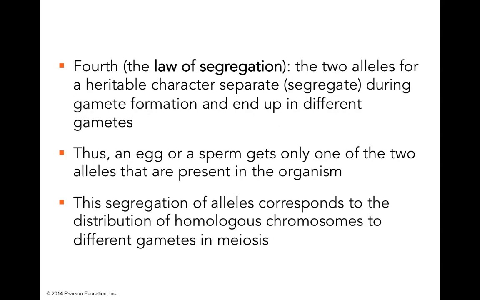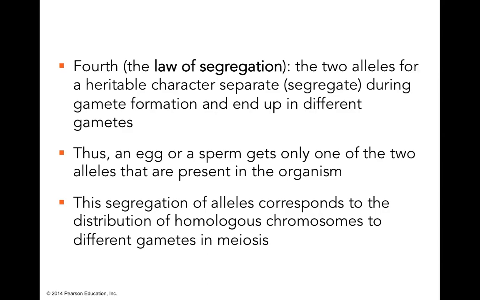So when an organism produces its gametes, when it goes from being diploid to being haploid, the gametes can only get one version of a gene. You can only get one copy of each gene in a gamete because they're haploid.